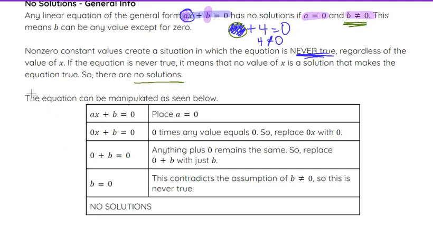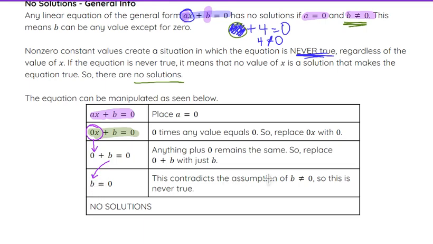Now, just to show you how to solve that, manipulate it just like we did in the one solution case. We have an equation ax plus b equals 0, where a is 0. That's going to give us this general format. And so what we would do is first start by looking at 0x. 0x is 0 times whatever x is, which is going to come out to be 0. 0 plus b is just going to be b.